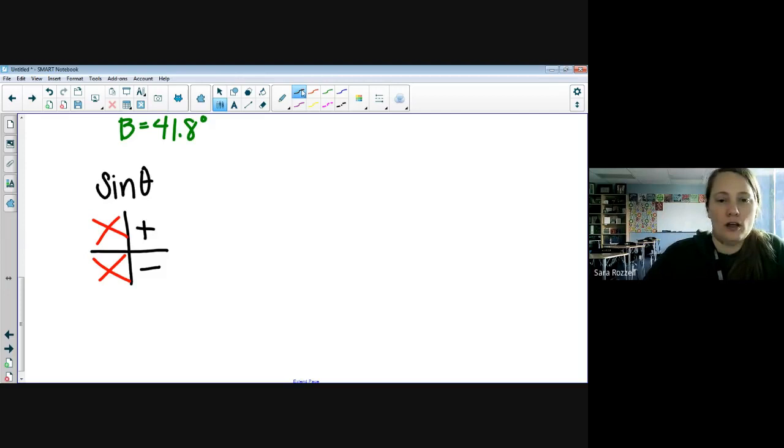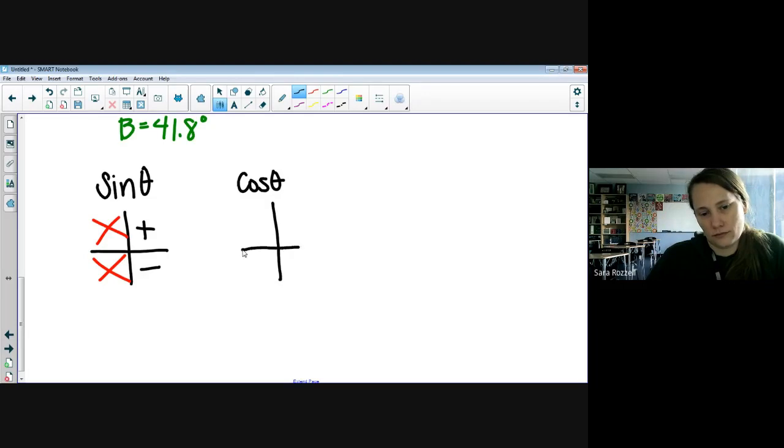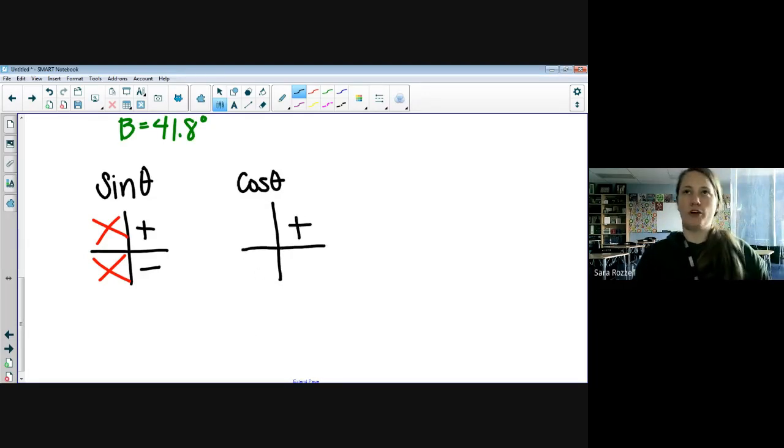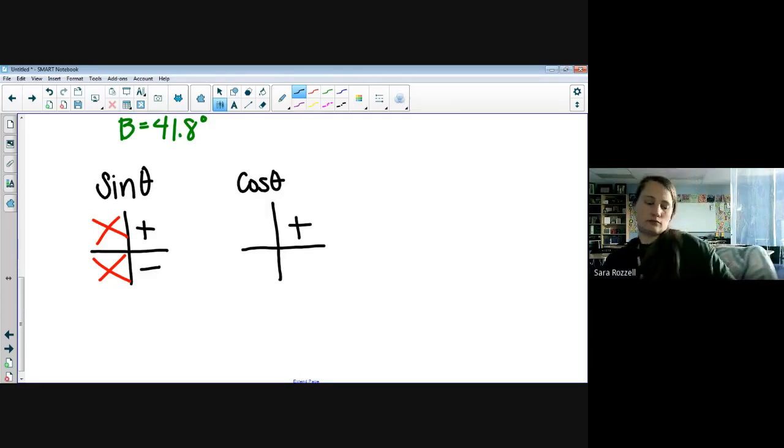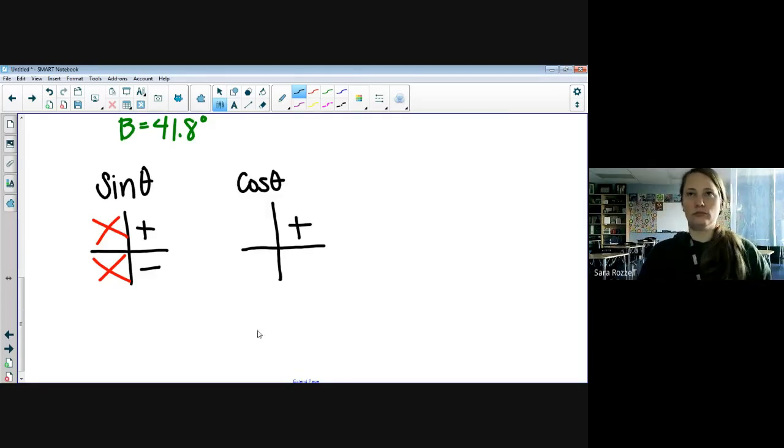All right, now cosine. Cosine, if we're positive, we're going to look in the first quadrant. When is cosine negative? What quadrants? 2 and 3.